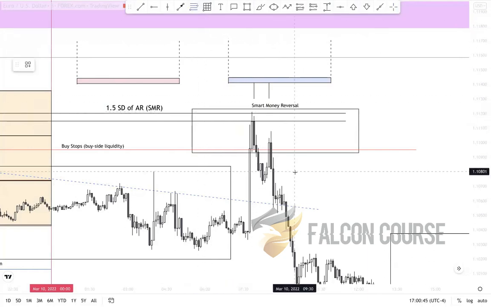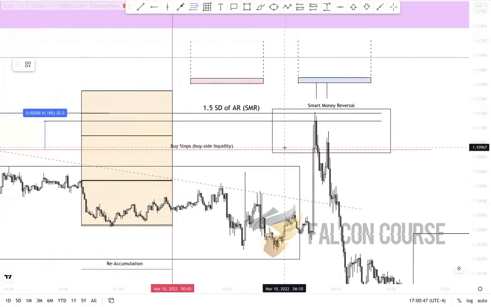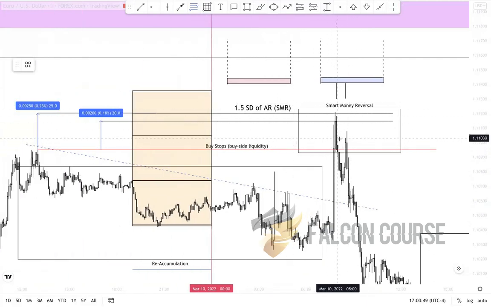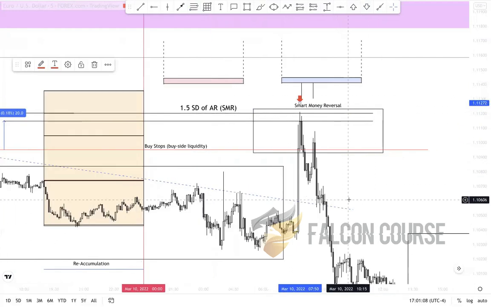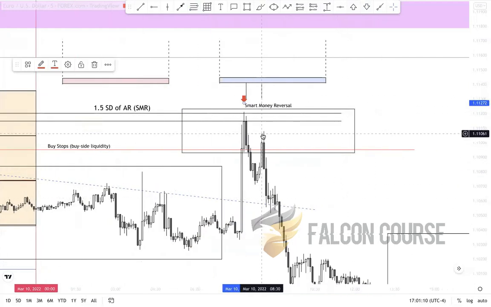So in this case, once you see the impulsive move and once you have the bias that actually this is a reversal, you have a bias. You sweep a high with 25 pips, the market reacts this accurately to 1.5 standard deviation, and 8:30 is giving you the perfect entry, right?